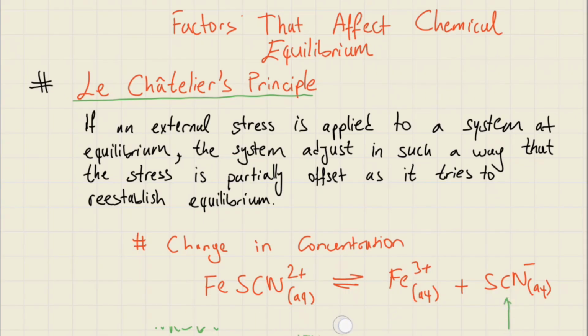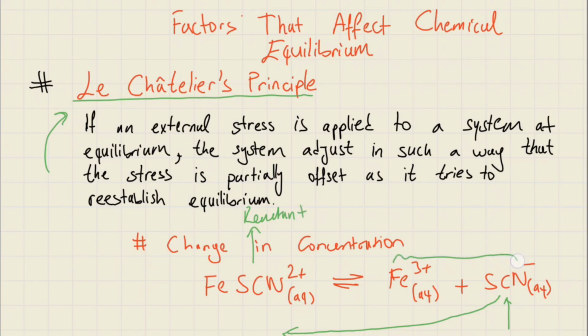If you look at Le Chatelier's principle here, we applied a change, right? We increased the thiocyanate ion concentration. When it increases, the equilibrium goes to the left side, or the reactant side. So this side is the reactant side, and this side is the product side.